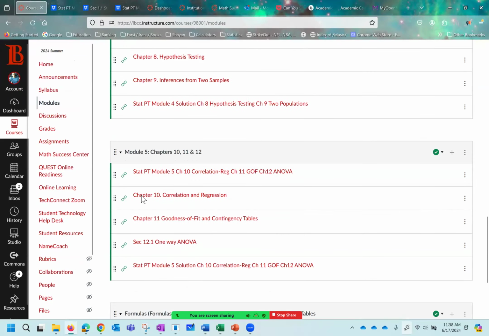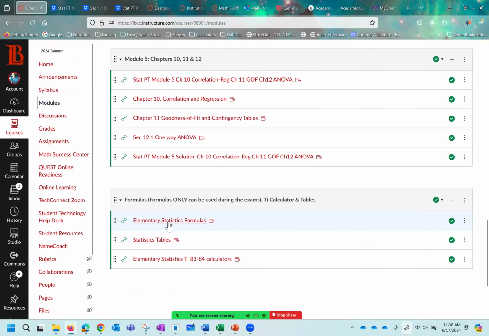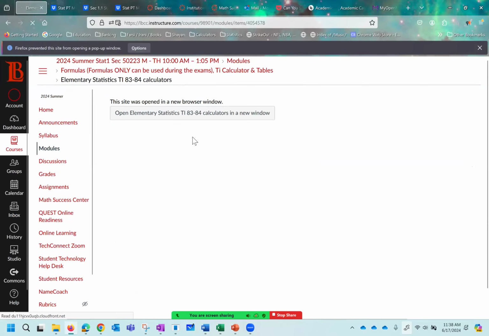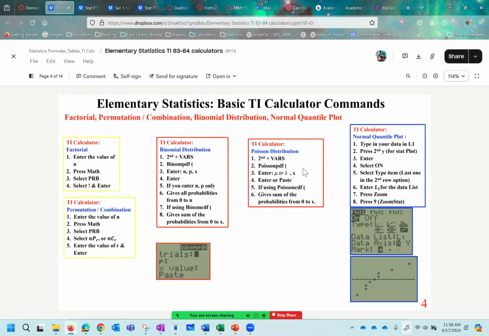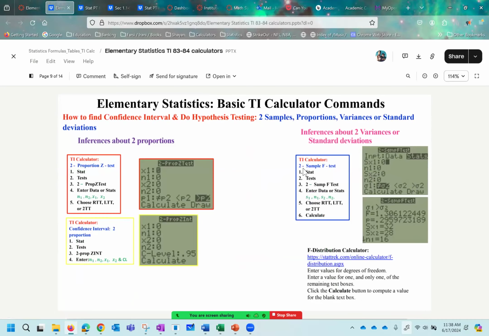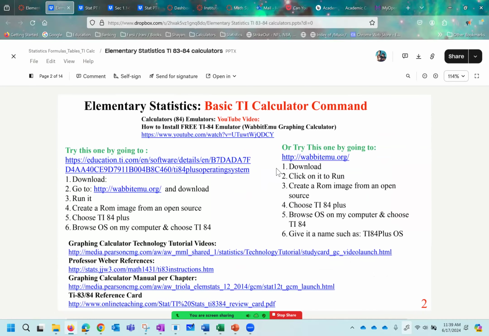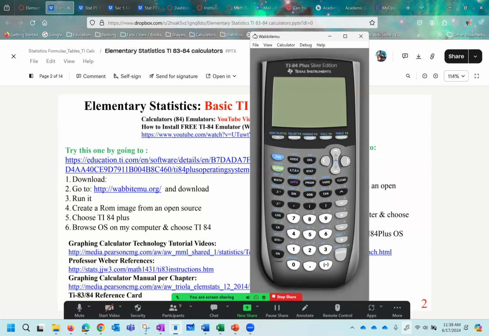Again, going back to the bottom module, we have the formulas, we have the tables, and now we have basic TI calculator commands. Not only do I have the commands for you here, if you look at the very first page, there is also a possibility for you to get this emulator by following the steps that I have here.